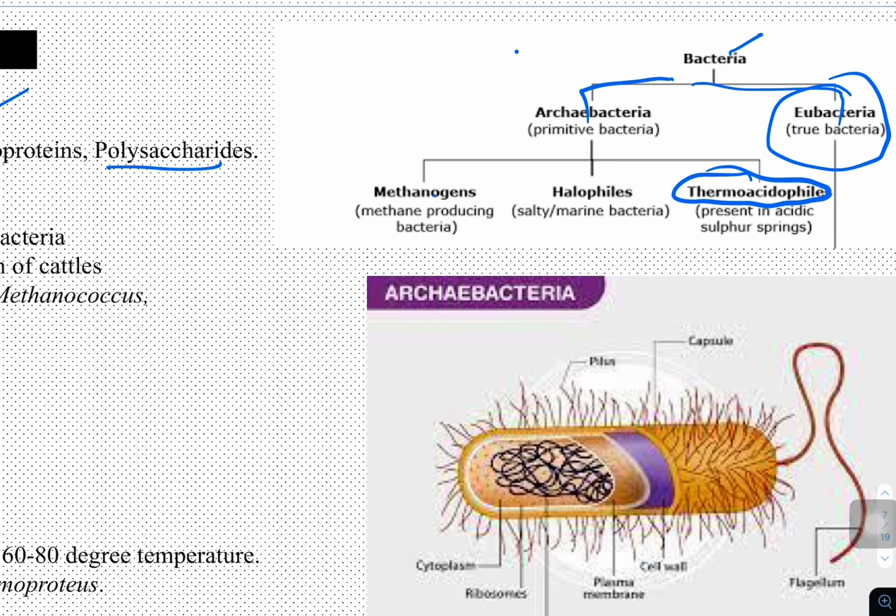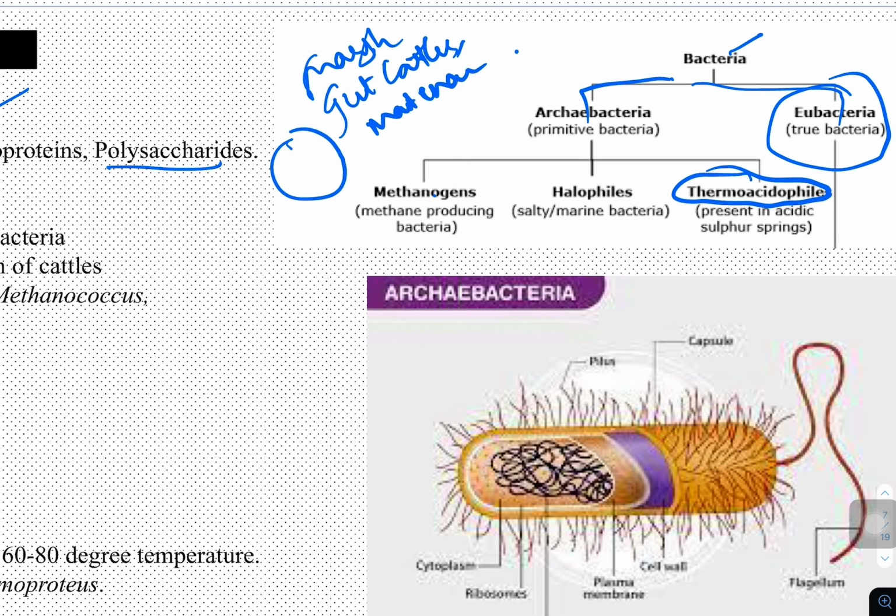The primary aspect of Methanogens is that they live in marshy areas or in the gut of cattle, where they undergo reactions and produce methane. In gobar gas production, methane is released by Methanogens. So that is Methanogens. Next one is Halophiles.